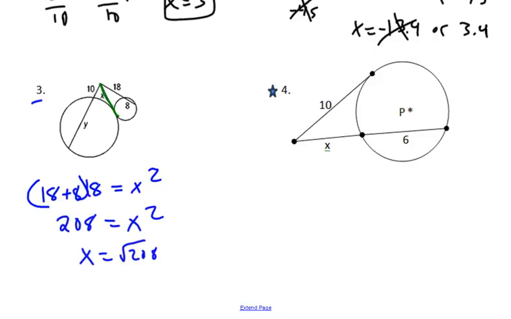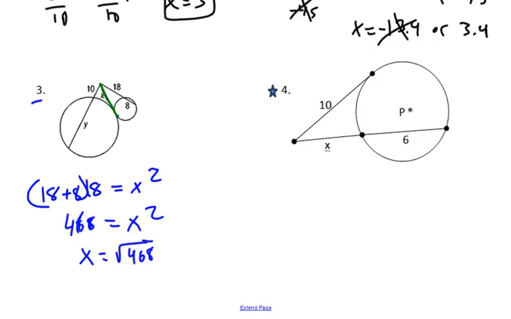So 26 times 18, and you take the square root of that. That's not any better. So 26 times 18 is 468. Square root of 468. We're going to leave it at that for right now because it's about 21.6.